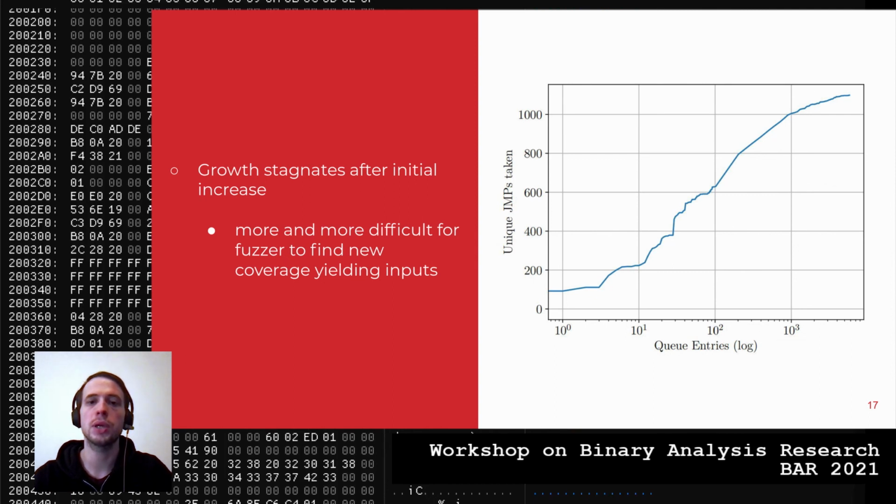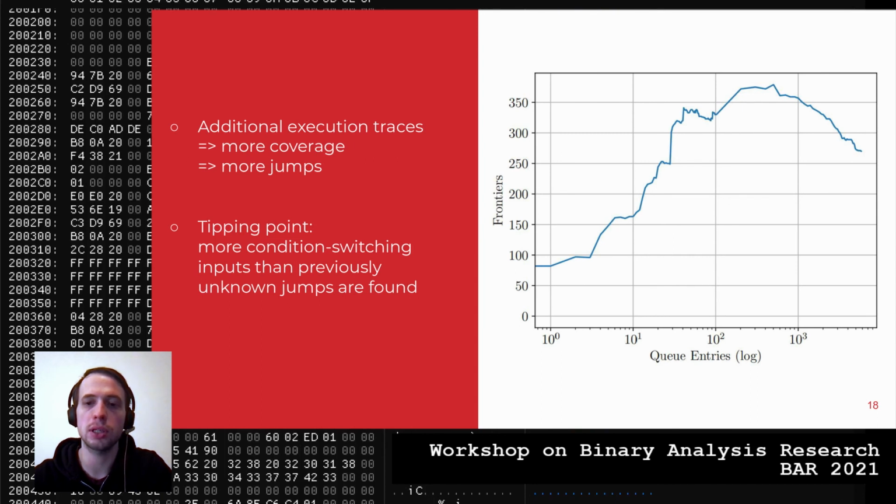What we did was we added new traces from the corpus of all traces, and then we plotted how the unique jumps taken evolve. Here you can see that, of course, in the beginning it goes up quickly and then it stagnates, which is the gut feeling of every person who does fuzzing for a while. More interestingly, the frontiers go up to a point and then reach a maximum, and then they go down again.